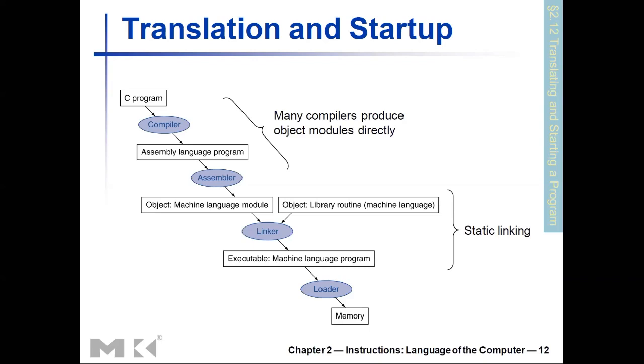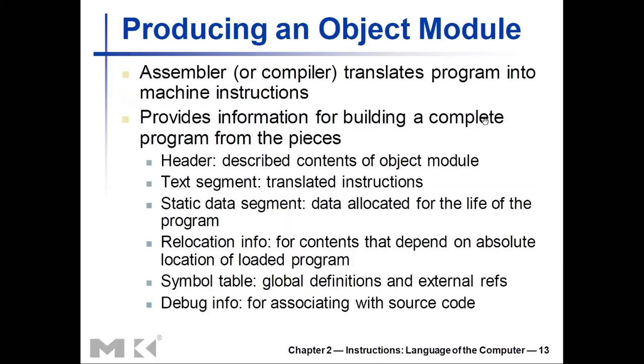Then from the instruction memory, we fetch instructions one after the other and execute them, and if you have branch instructions, you go here and there in the instruction memory. So that is the translation and startup: the basic steps of static linking and loading the program into memory. Hope it was clear.